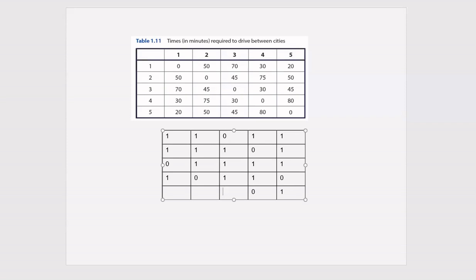Basically, if it's under 60, I make it a 1. If it's more than that, a 0.